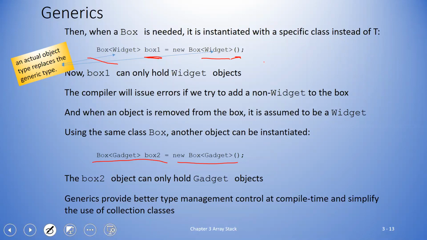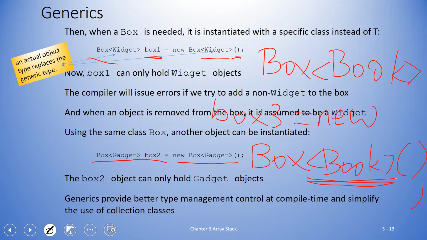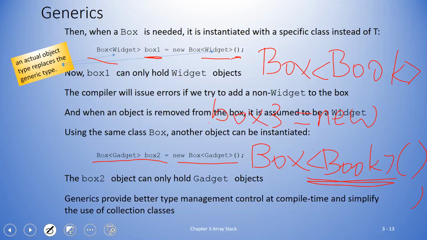Then you will say Box<Book>, and you will say box3 equals new Box<Book>(). Remember, this is calling the constructor, so you need the parentheses. And this dictates what it will hold. Okay, that's how this works. So that's why we call this generic type. When you actually create the object, you replace it with the type you need. Okay.